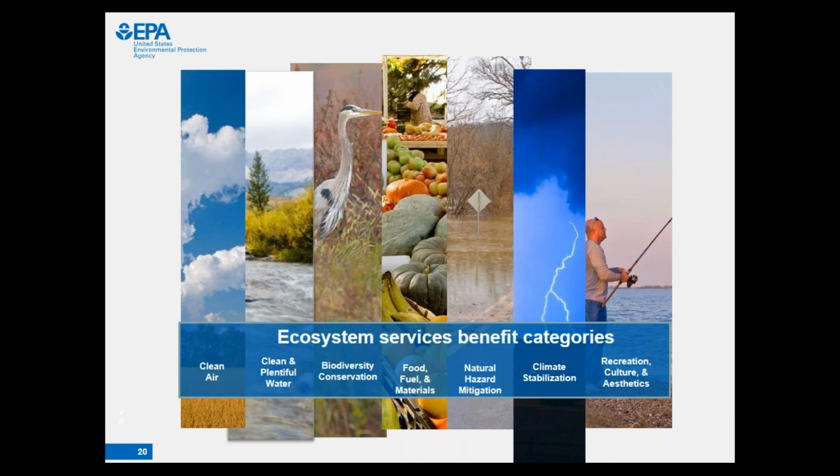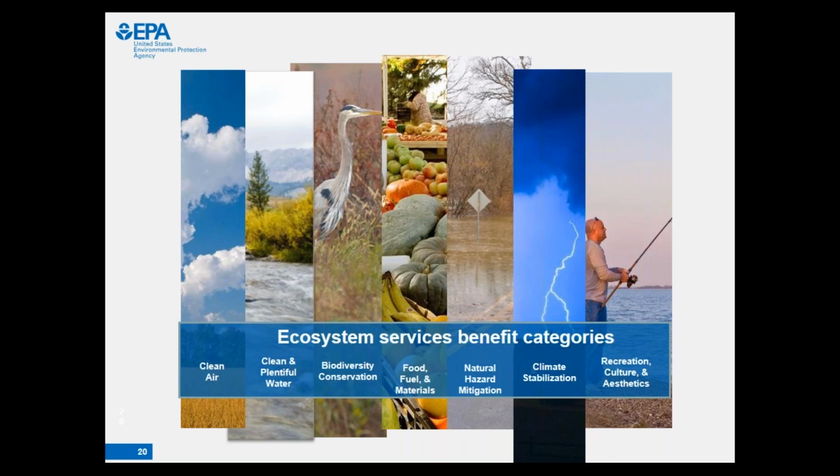Natural hazard mitigation, certainly, and we think of mudslides, things like that. Do we have the ecosystem services in place to help our communities be resilient to these kinds of events? Climate stabilization, clearly an ongoing challenge, and recreation, culture, aesthetics.